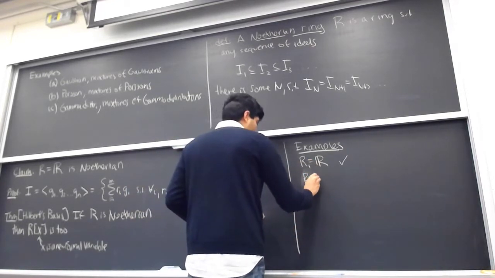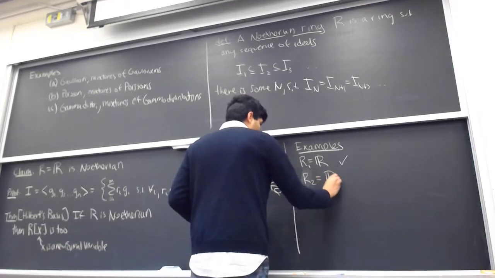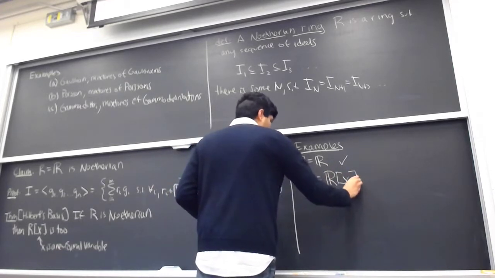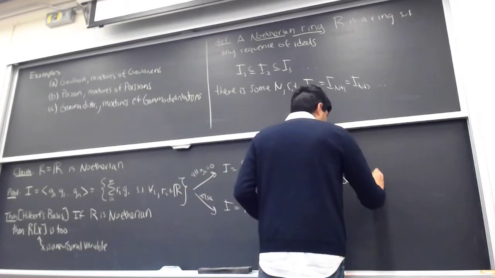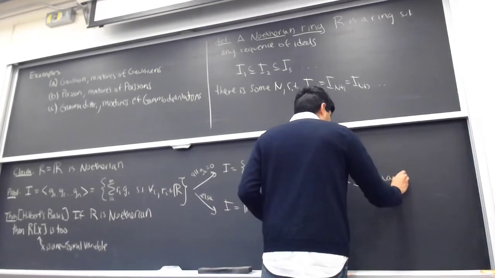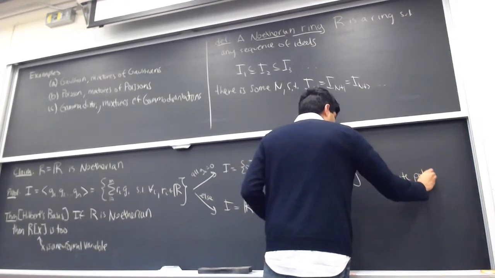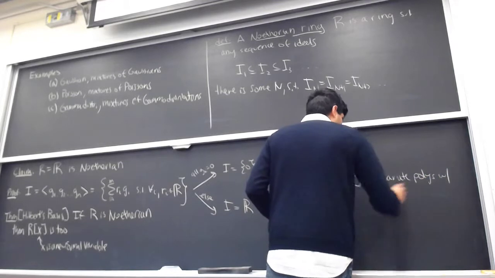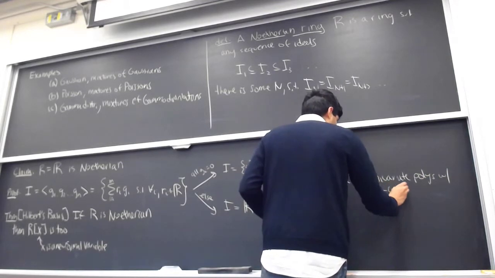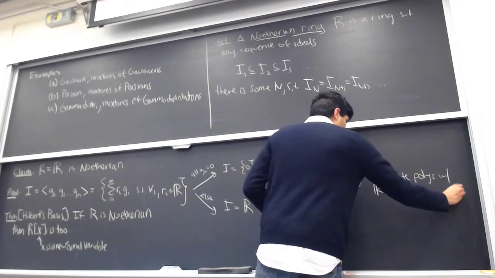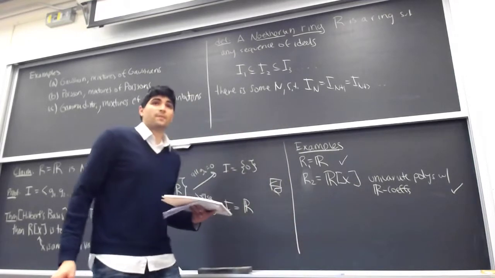Well, we can look at ring 2, which is R of x. These are univariate polynomials with real coefficients. We know this is Noetherian.